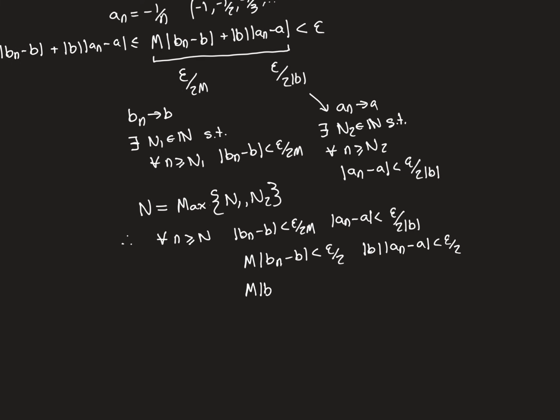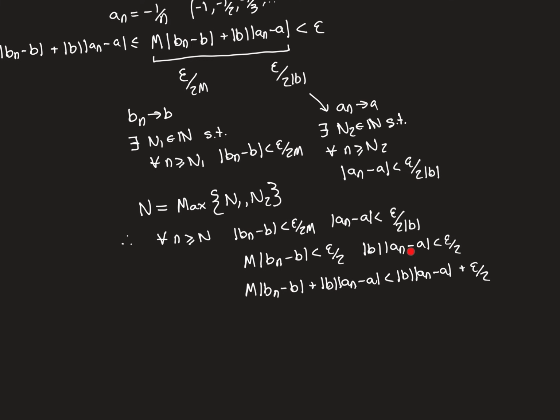So we'd get m times mod bn minus b plus mod b times mod an minus a is less than mod b times mod an minus a plus epsilon over 2. And then all we'd do is then take this inequality and add epsilon over 2 onto both sides.